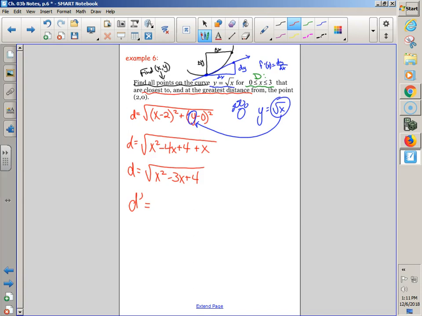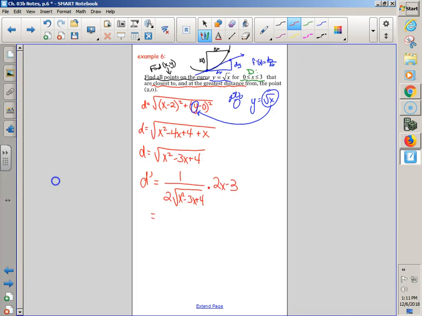Can't I make that 1/2 u to the negative 1/2, which makes the square root go down? But what can I not forget, my bunny killers? u prime. We'll see how this goes in this class. Which equals 2x minus 3 all over 2 square root of x squared minus 3x plus 4.